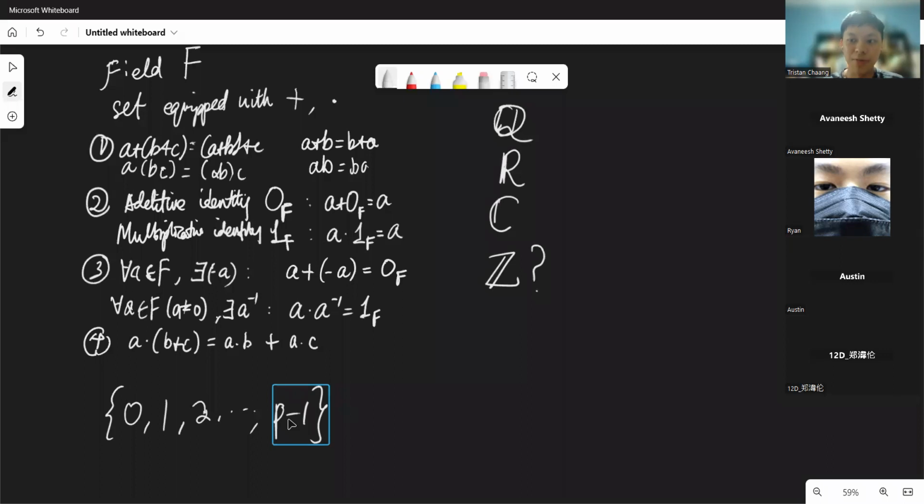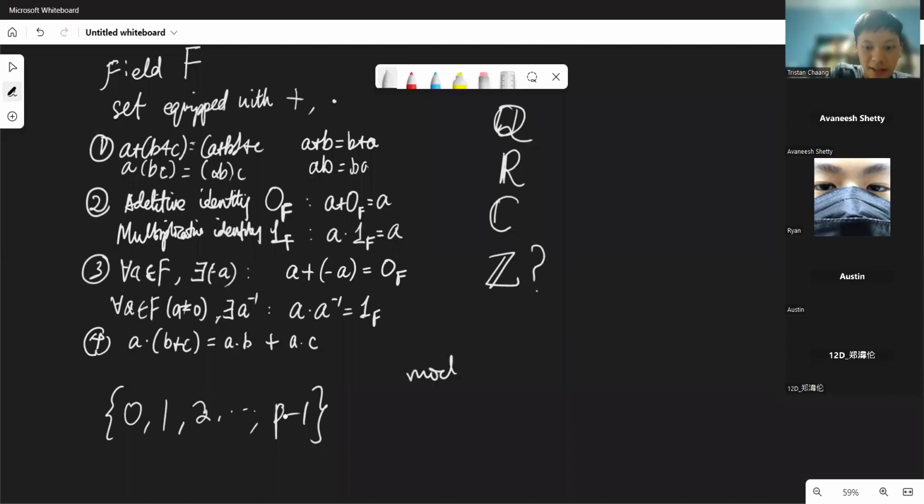But let's say we want to be sneaky and we just define addition in a new way such that p minus 2, this element, plus 3 is not p plus 1 anymore, but it's 1. So I talk about mod p addition.